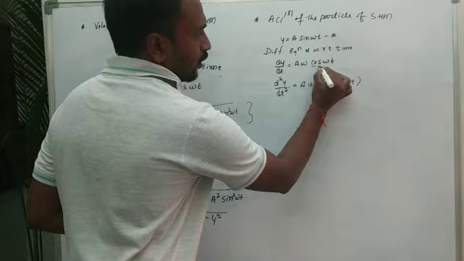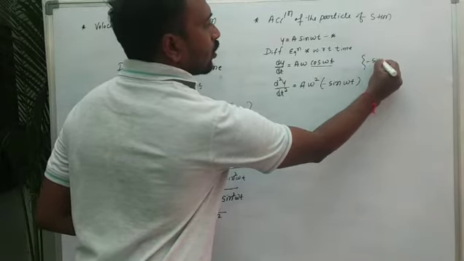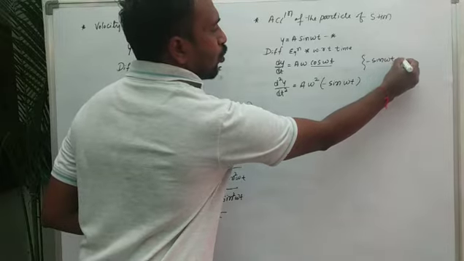Okay, so differentiating this equation gives minus sin omega t into omega.